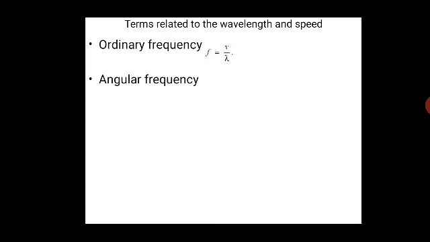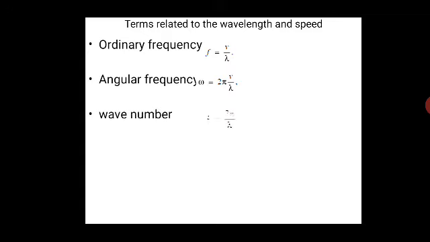Therefore, we need to understand certain terms related to wavelength and speed. One is the ordinary frequency, which is given by f is equal to v by lambda, that is, the linear velocity by the wavelength. And angular frequency, we can write as omega is equal to 2 pi v by lambda.